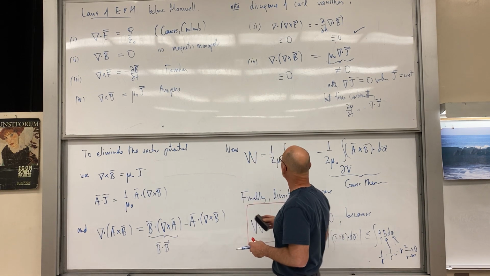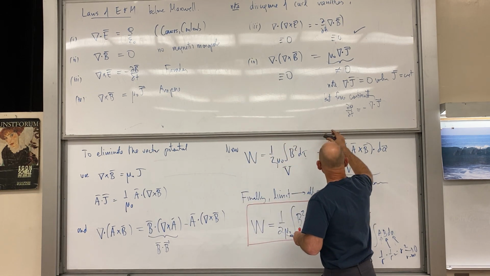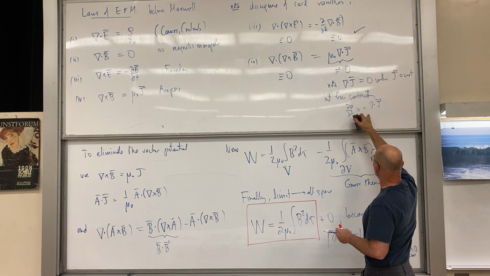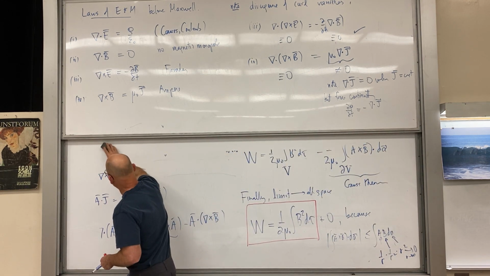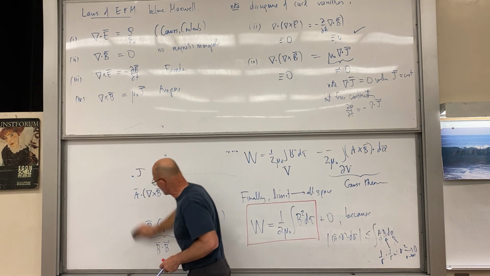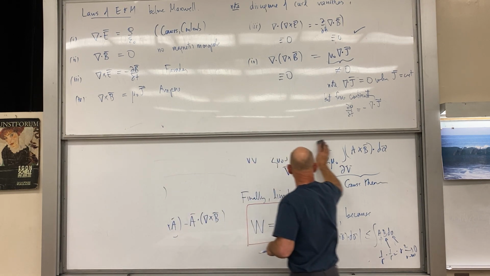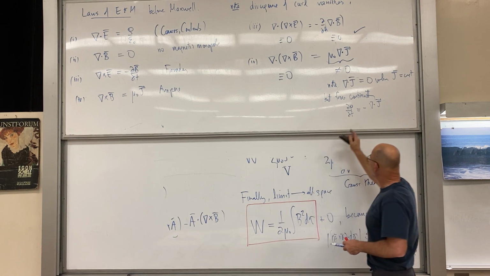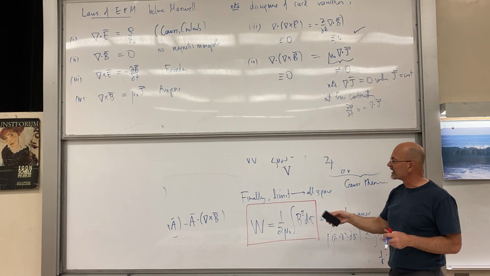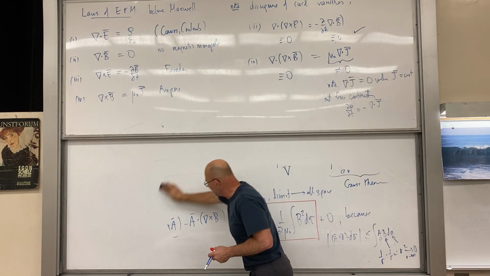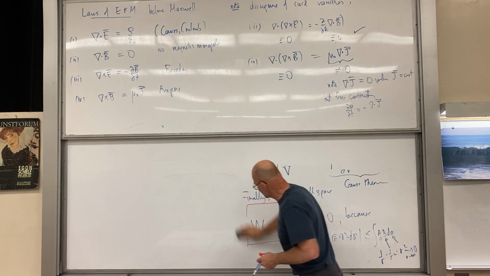We have to fix this problem, and we're just going to start with the continuity equation. Remember, the continuity equation just expresses conservation of charge. So that's as fundamental as anything in electricity and magnetism, conservation of charge.